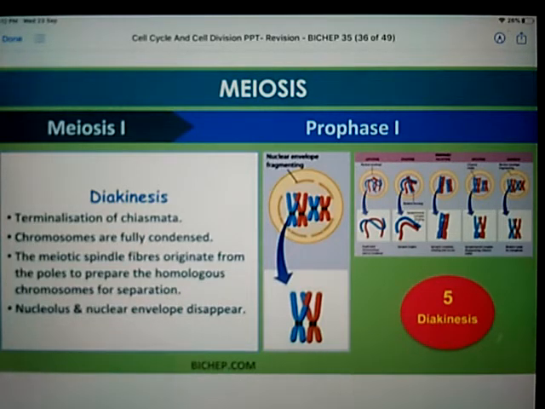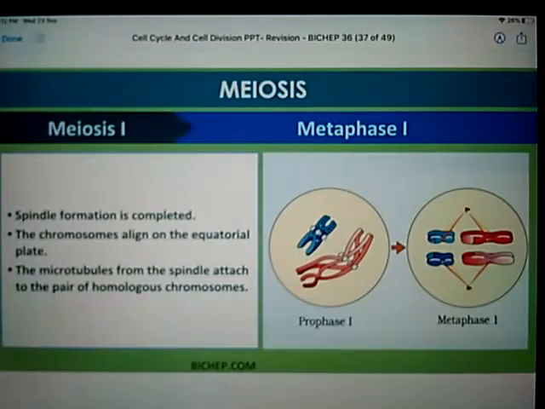Otherwise, all the chromosomes are separated from each other. They are fully condensed chromosomes, and diakinesis shows spindle formation and disappearance of the nucleolus and nuclear envelope. So that is the story of prophase 1, and we are supposed to go to the next phase, that is metaphase 1.